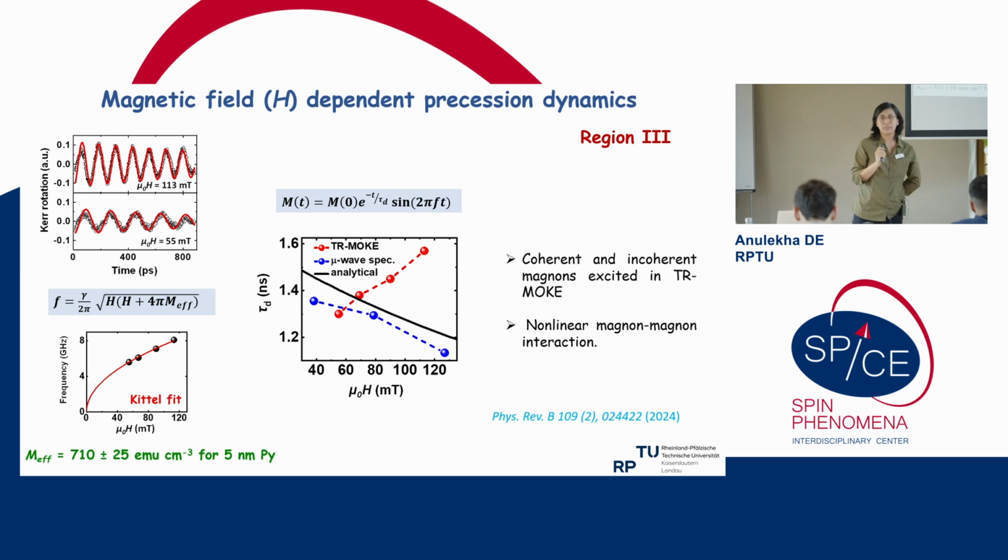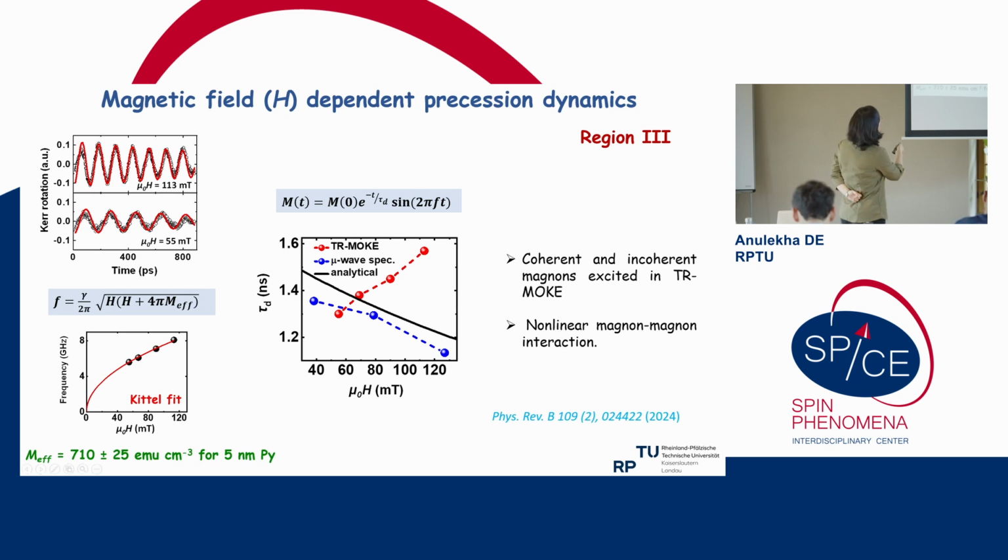First we have done these precessional measurements at different magnetic field strengths. Here you can see two different data sets at two different field strengths. When we fast Fourier transform this time resolved data, we get the spin wave or magnon frequencies.